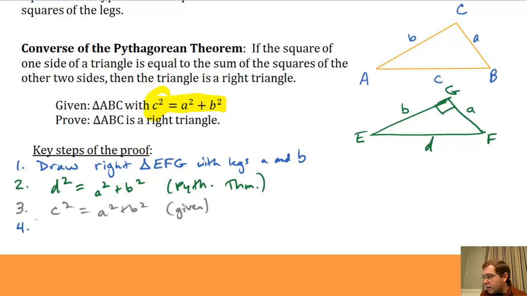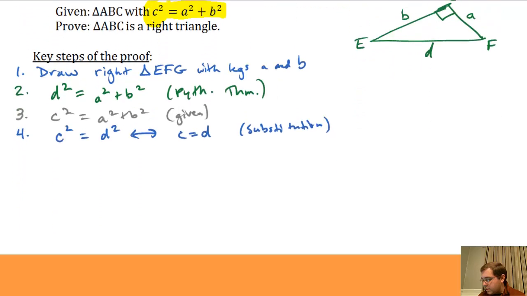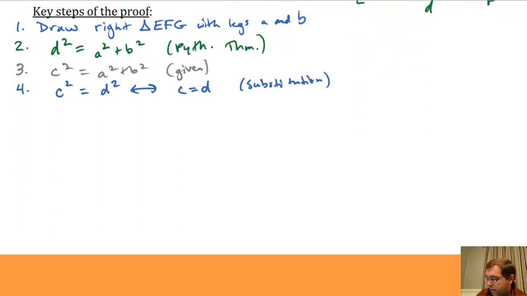So it must be the case that C squared equals D squared, which is equivalent to saying C equals D. Okay, and that's just substitution, because A squared plus B squared was both D squared and C squared. So C squared must equal D squared, which means C must equal D. Okay?